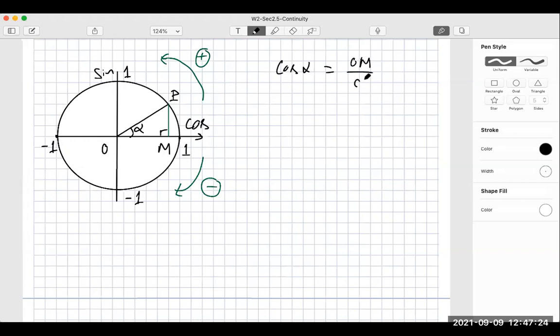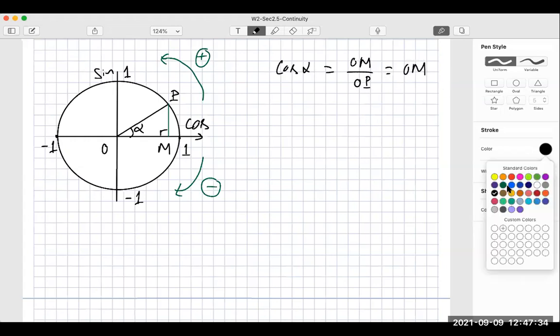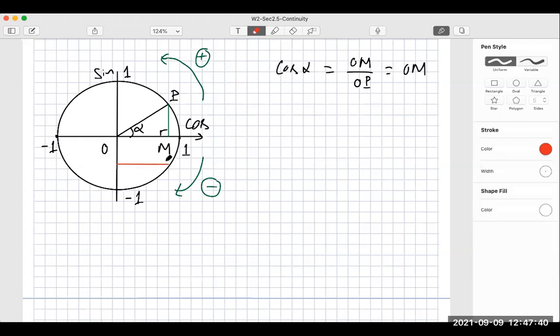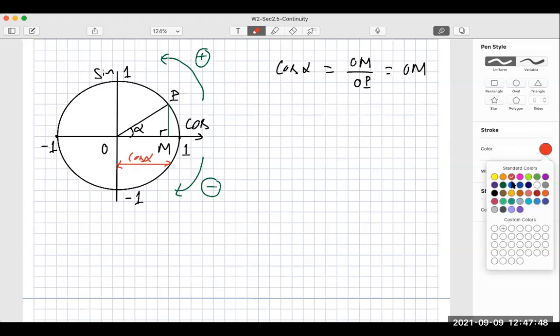Perfect, OM over OP. Since it is a unit circle, OP is equal to 1, then this will become simply OM. So with this unit circle, we know that the distance from O to M is exactly the cosine of this angle.